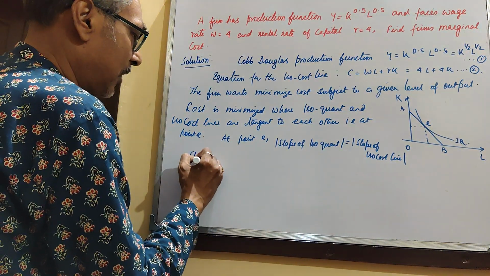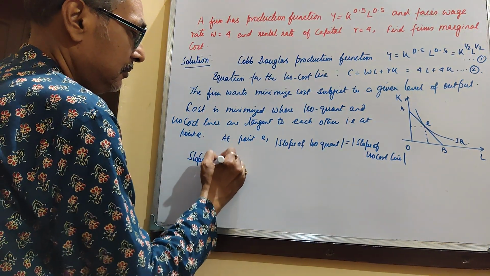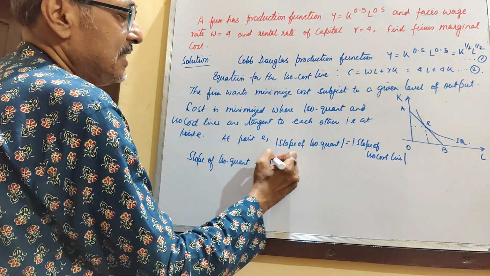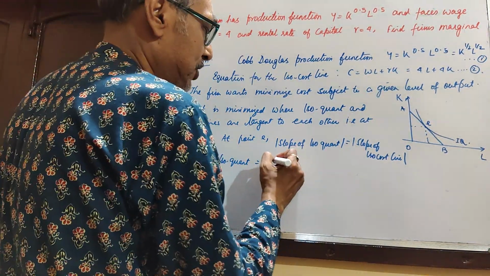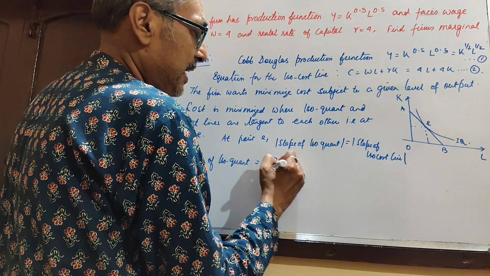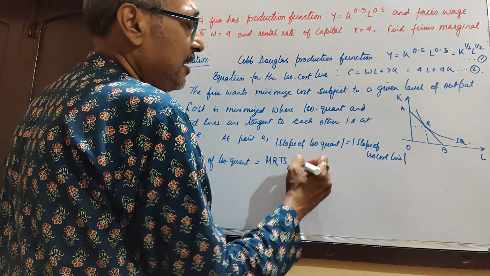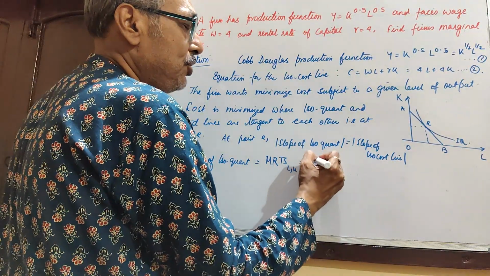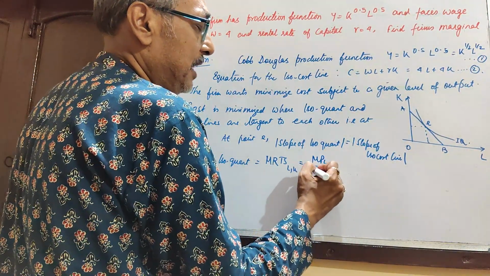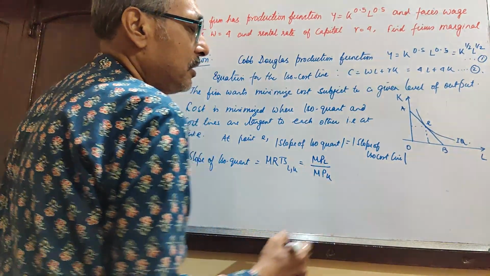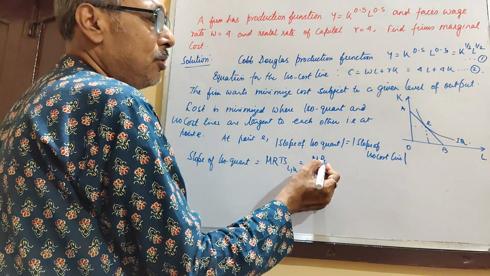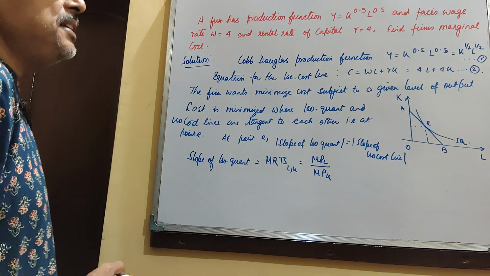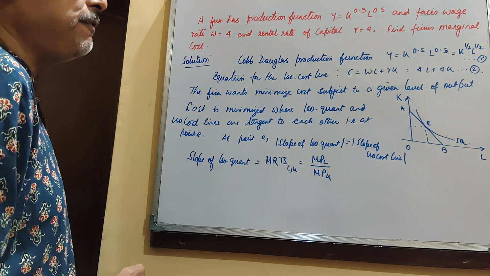Slope of isoquant is the marginal rate of technical substitution, MRTS LK. It is the ratio of marginal product of labor and marginal product of capital, that is ratio of MPL and MPK. What is MPL? MPL is marginal product of labor.